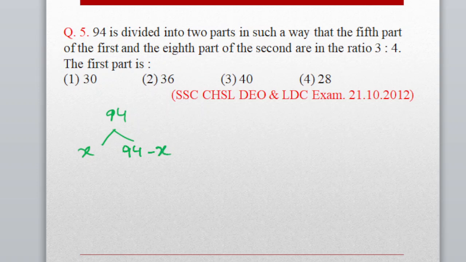Now such that the fifth part of the first, that means x by 5, and the eighth part of the second, that means 94 minus x by 8, is equal to 3 by 4.